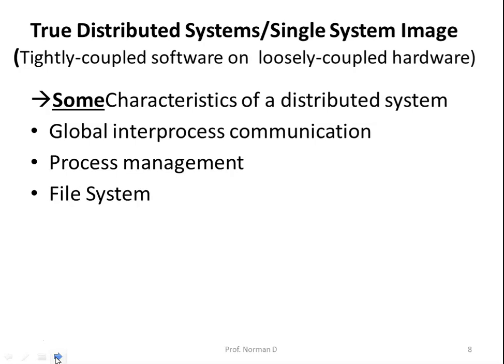With respect to process management, it is basically how a process is created and destroyed, and how the process is started and stopped. This process management must not vary from machine to machine.